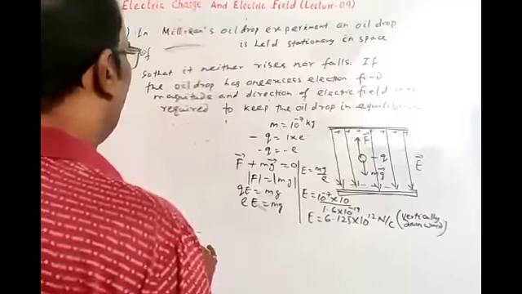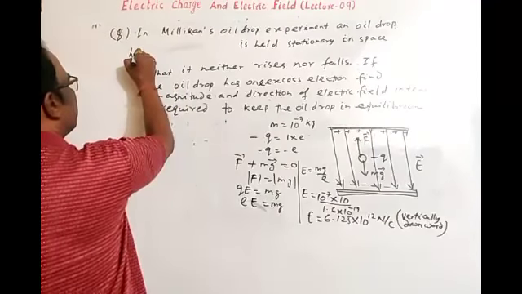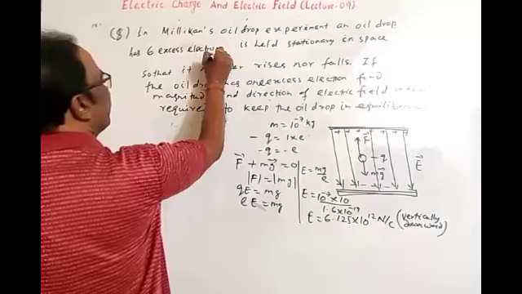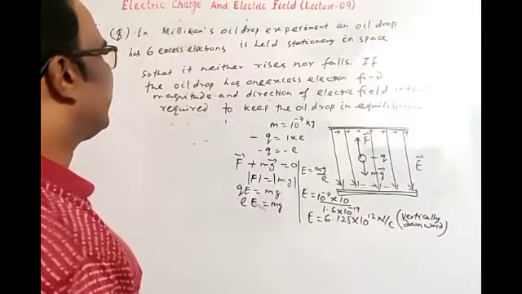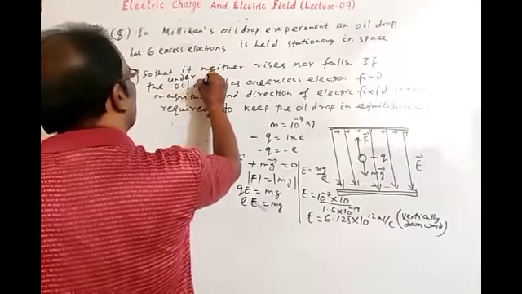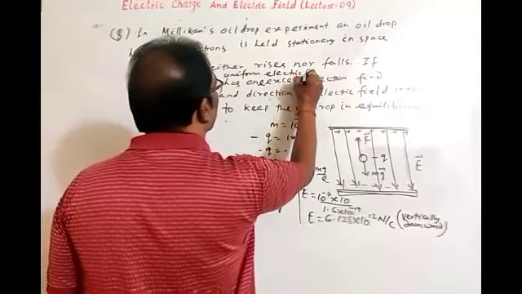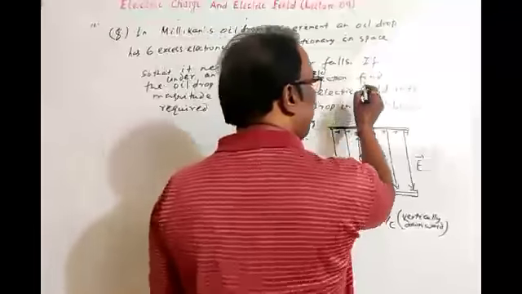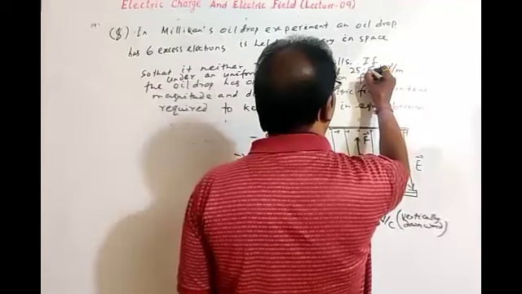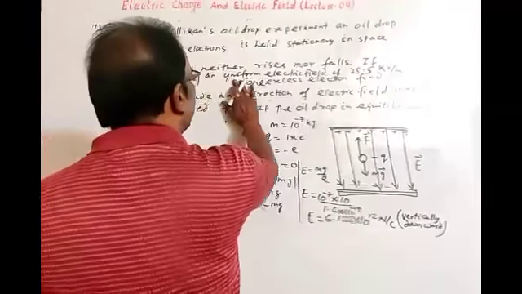Let the oil drop have 6 excess electrons and be held stationary in space, so that it neither rises nor falls, under a uniform electric field of 25.5 kilovolt per meter.